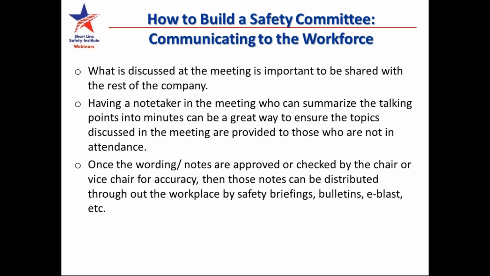You can put them out as bulletins, you can put them out in email blasts, whatever kind of electronic communications you may have. Could be reader boards if you have those on your property. Whatever it is, but be certain that you have a good, clear, communicative feedback to the workforce as to what takes place during your safety committee meetings.